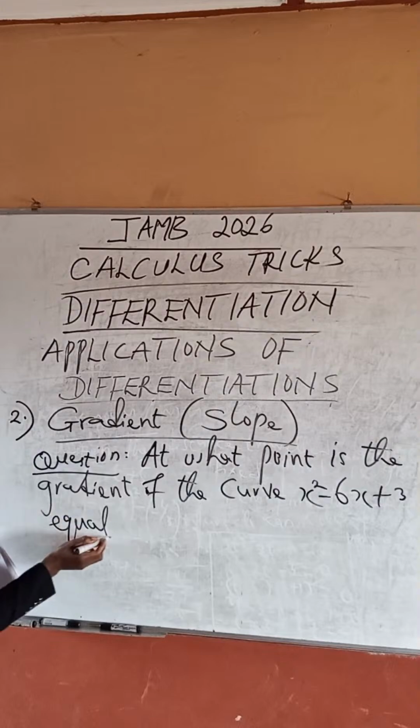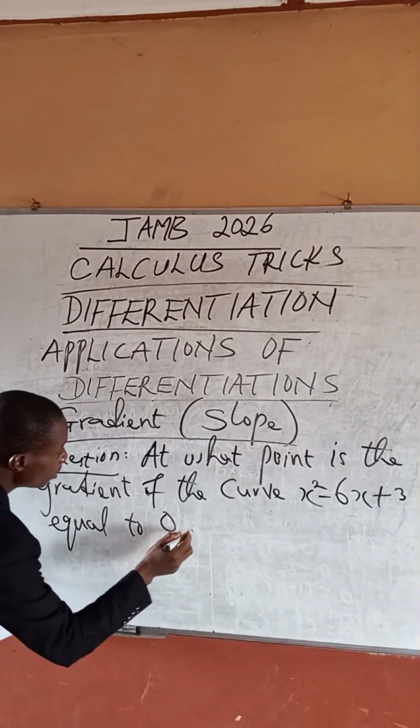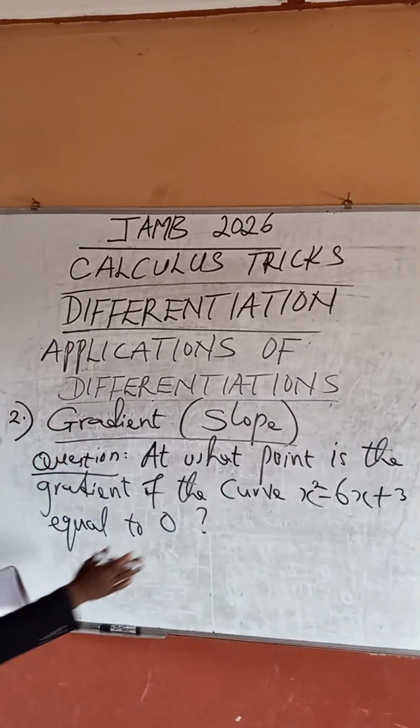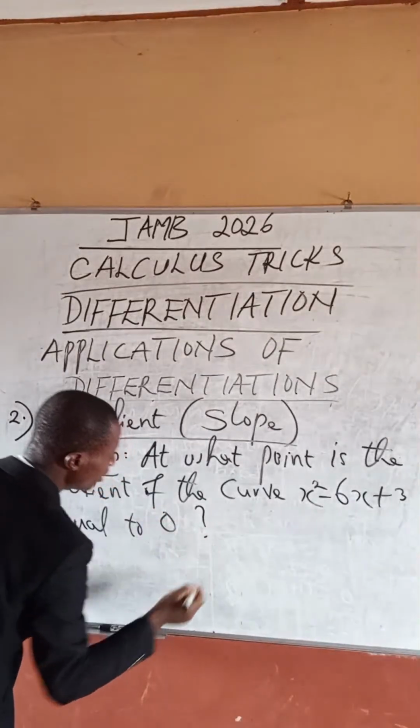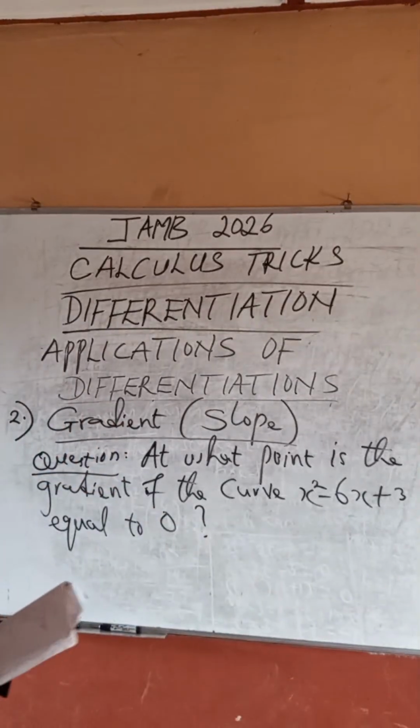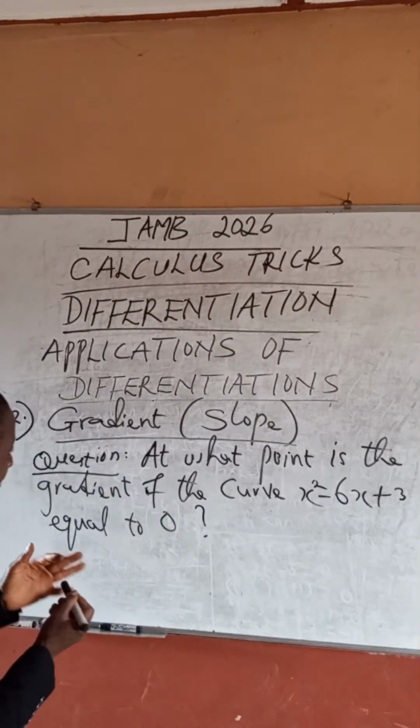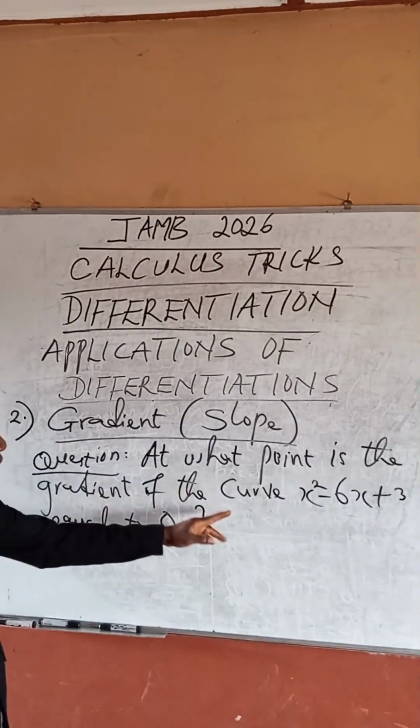Now this is a very powerful question. At what point is the gradient of the curve equal to 0?